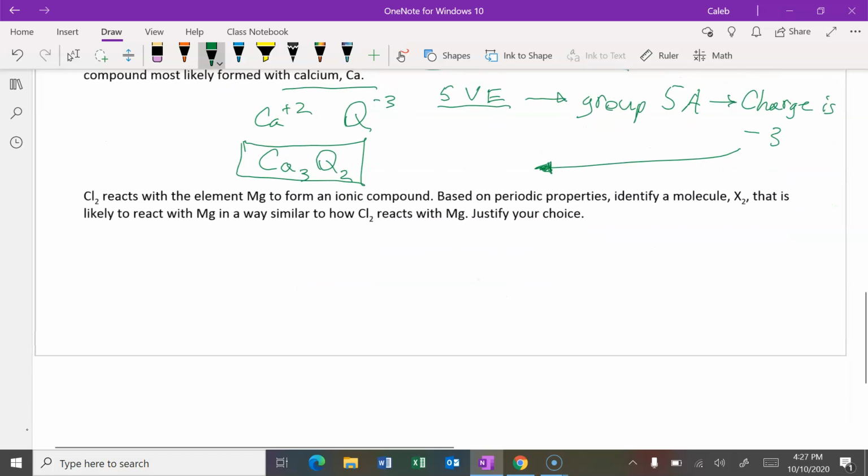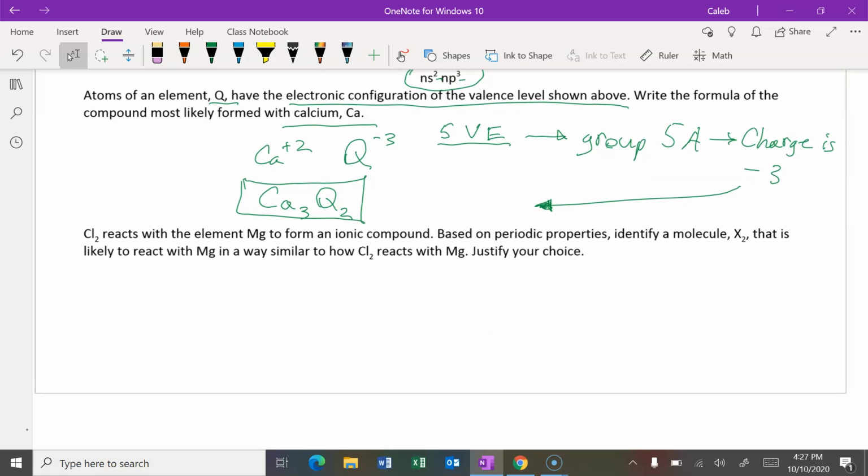And then we have one last question. Chlorine reacts with the element magnesium to form an ionic compound. Based on periodic properties, identify a molecule, X2, so our unknown molecule, that is likely to react with magnesium in a way similar to how Cl2 reacts with magnesium.